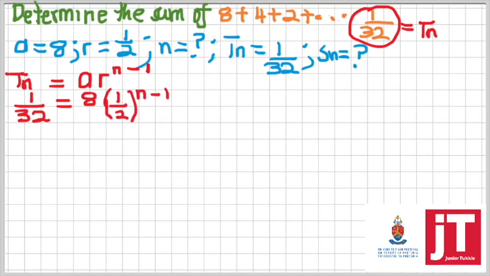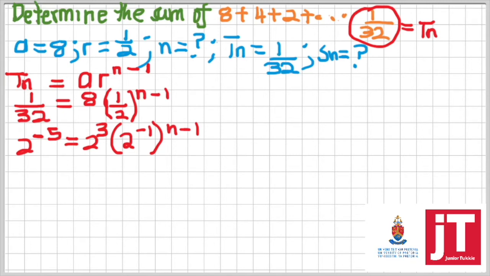The objective now is to solve for that exponential equation by making sure that both sides have the same base. Another person would have opted to use logs, which is also applicable and it works. But I'm going to use exponents, so I'll convert 1 over 32 to 2 to the negative 5 and 8 as 2 to the power 3 and 2 to the negative 1 for half, just like that.